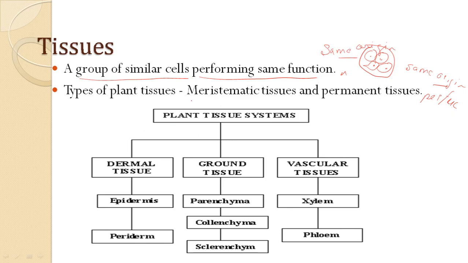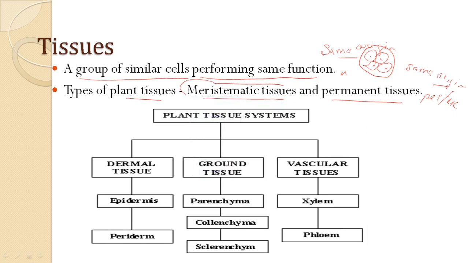So in plants there are basically two types of tissue. One is the meristematic tissue and the other is the permanent tissue. The difference between them is that meristematic tissue consists of dividing cells.